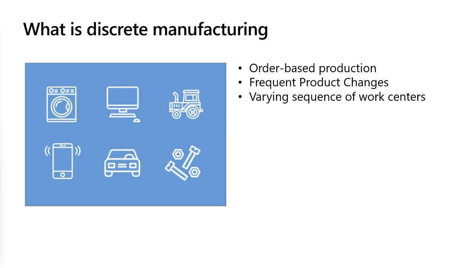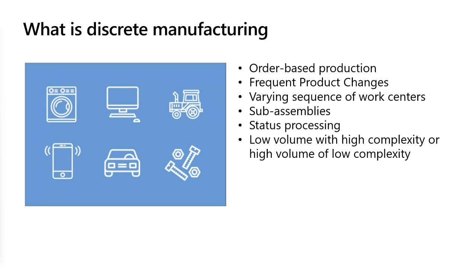Varying sequence of work centers means that the routing can be a simple sequence, but for more complex scenarios, it is more common to take advantage of a network of operations. Sub-assemblies are often put into interim storage to shorten the delivery time once the order arrives. Status processing means updating the status of the production order and reporting the consumption.